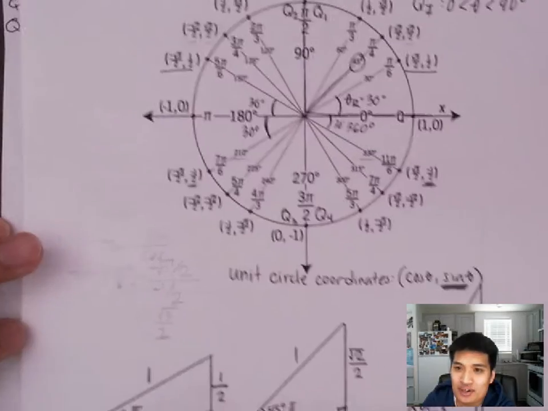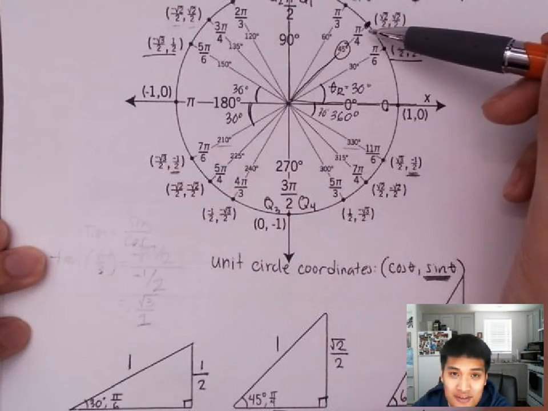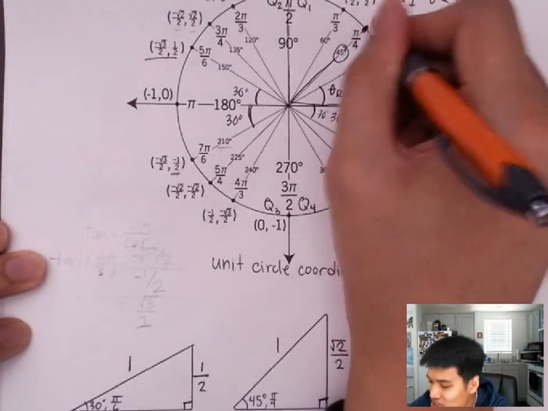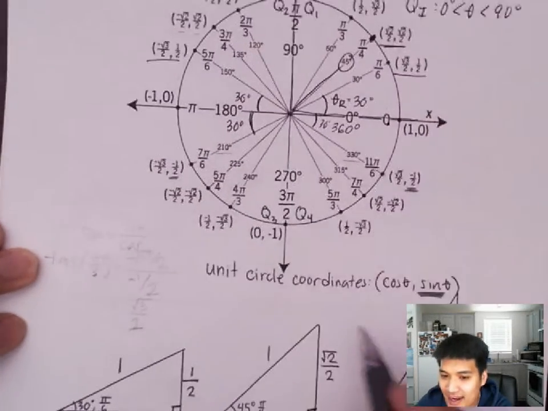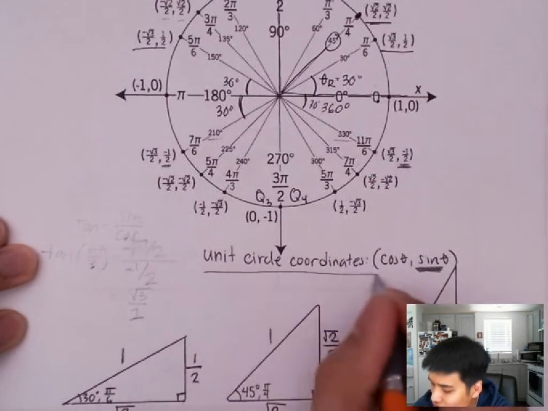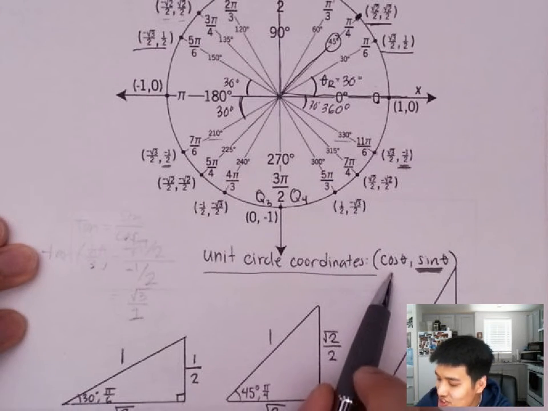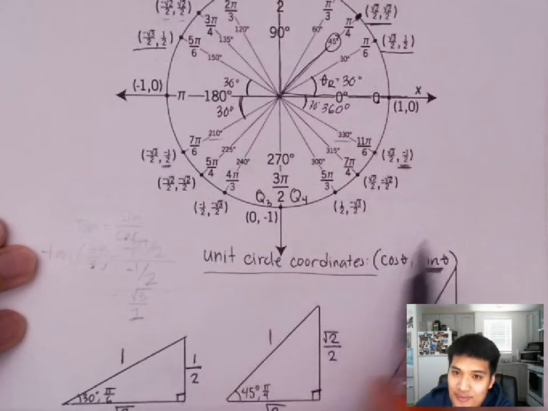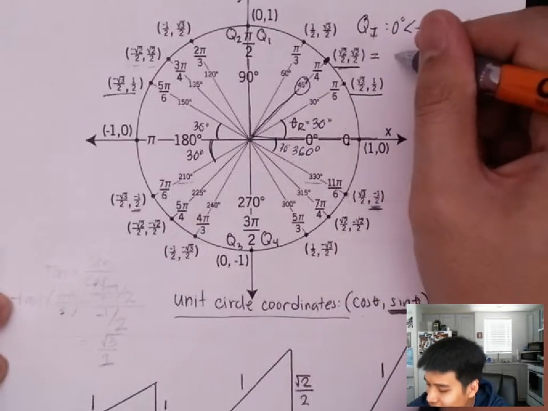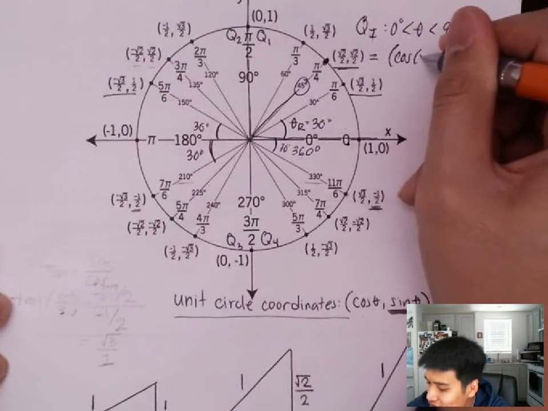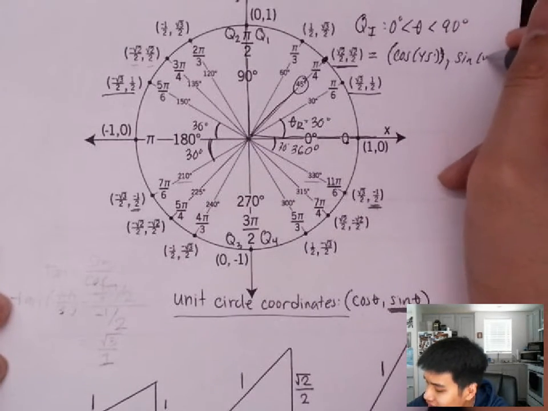And some things to remember is the coordinates at this particular angle that are on the circumference of our circle here, this is going to be the coordinates of our trig function at 45 degrees. And as you can see right down here, all of these coordinates are equivalent to the cosine and sine of the particular angle. So in this case, given that this is 45 degrees, you can say that this is equivalent to cosine of 45 degrees, comma, sine of 45 degrees.